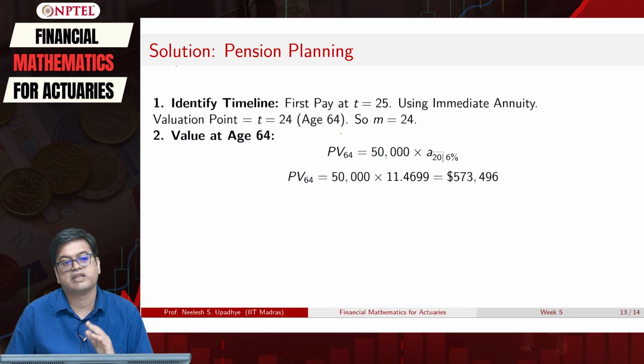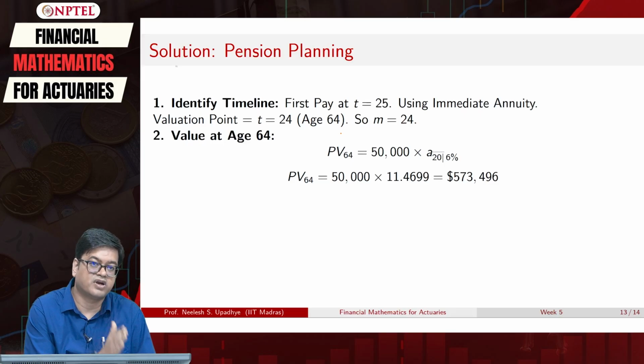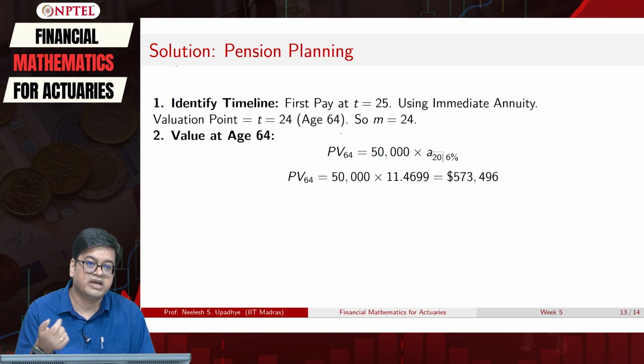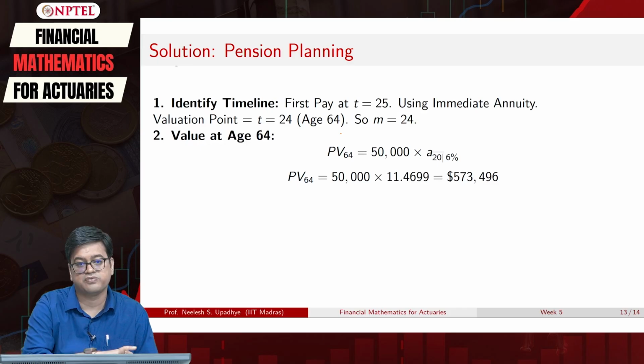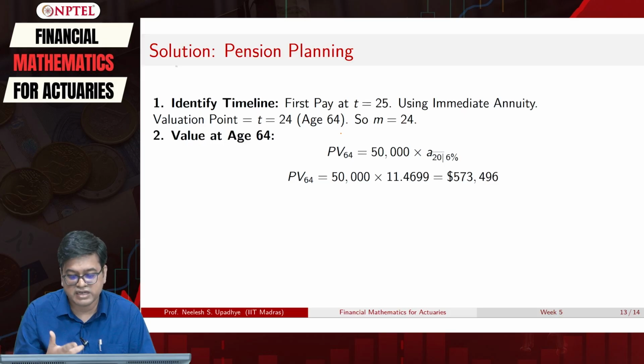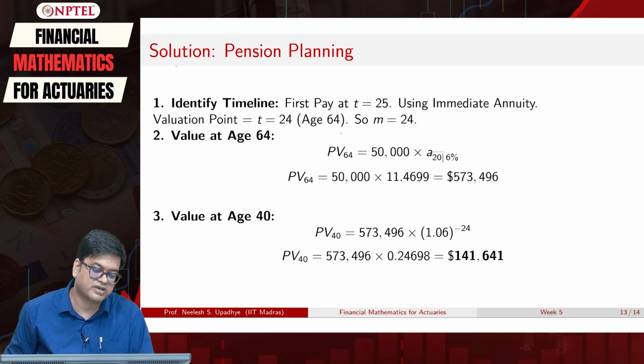Okay. What is the next step that we want to do? We are at the age of 40 and we started this investing. That means I have to discount this by my valuation point, that is t is equal to 24 or M is equal to 24, right. So, I will discount it by 24. Interest rate was 6%. So, 1.06 raised to minus 24 is the factor that I will multiply with this 5,73,496.